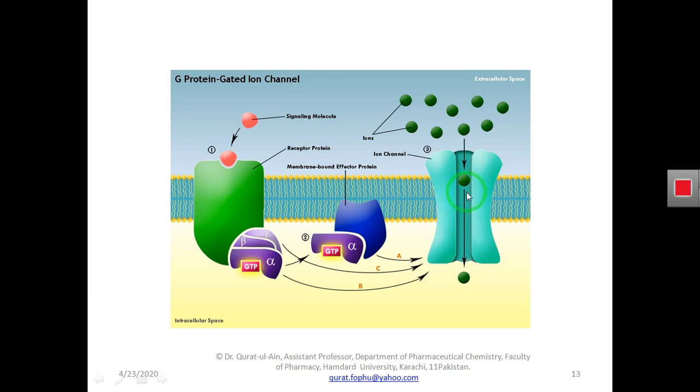So what happens is that ions go inside the cell, and these ions, as I already told you, for example calcium and sodium, are involved in various cellular and biomolecular processes.